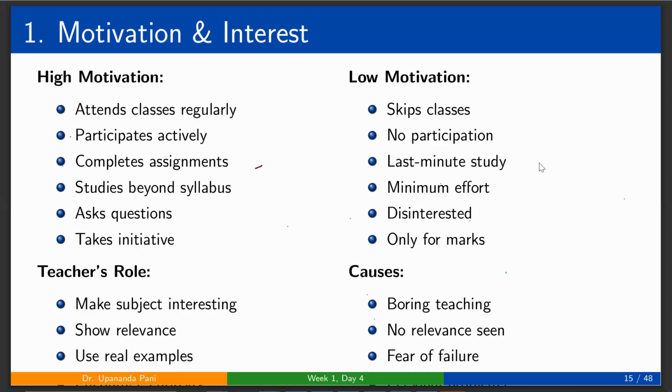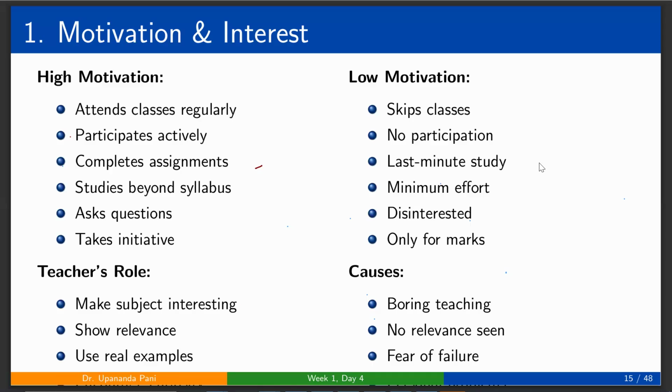They know that even if they do not come to class, they will write the exam, but that is not the objective, and that will not have any positive impact on them, right? So low motivation means no participation, last-minute study, minimum effort, and disinterest in any challenge or learning activities. They attend class only for the marks.